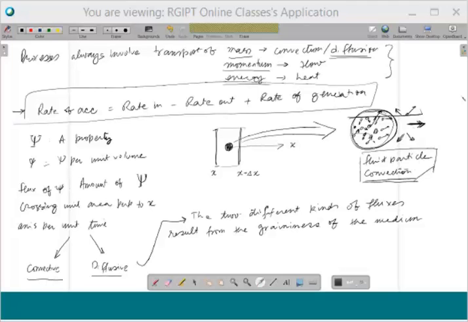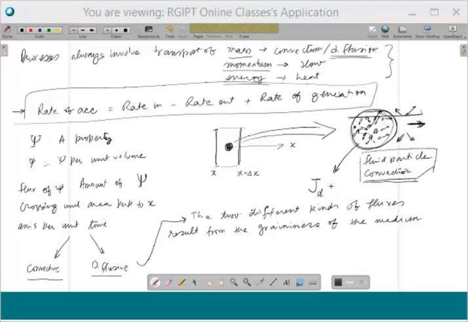But what I just told you is basically where it arises from: it arises from this simple mechanism. You can consider this mechanism, and that will lead to the diffusive flux, which is J. Let me call this D.